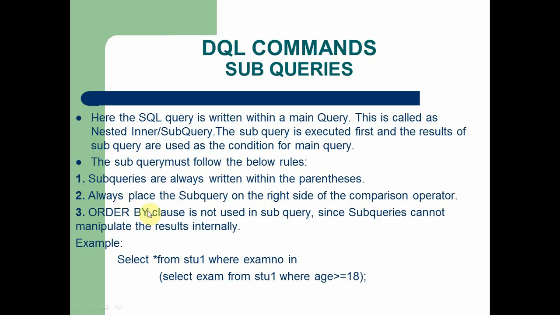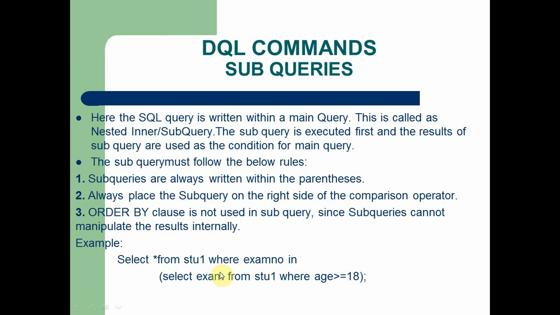In the example, you can see two queries. Number one: select asterisk from student 1 where exam number in. This one is the main query. So we are using a subquery: select exam number from student where age greater than or equal to 18. There are two queries: this one is the main query, and this one is the inner query or subquery.